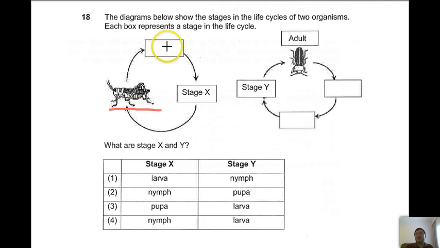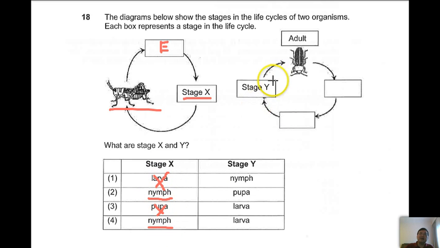Look at this arrow, it lays an egg, so this is egg. Stage X should be a nymph for grasshopper. This or this. Cannot be larva, cannot be pupa. Straight away I eliminated 1 and 3, left with 2 and 4.